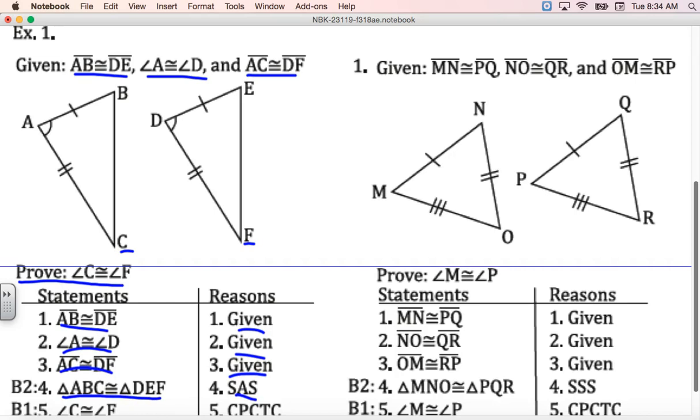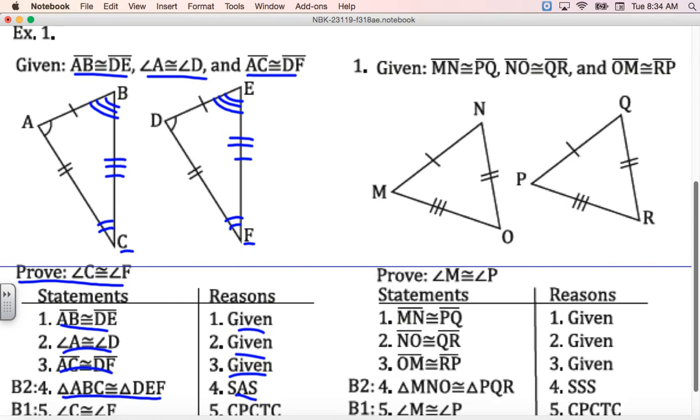Now, once we know they're congruent, we know their corresponding parts are congruent. So we can say C is the same as F, E is the same as B, and EF is the same as BC. Once we know the triangles are congruent, we can give all their corresponding parts congruent labels also.